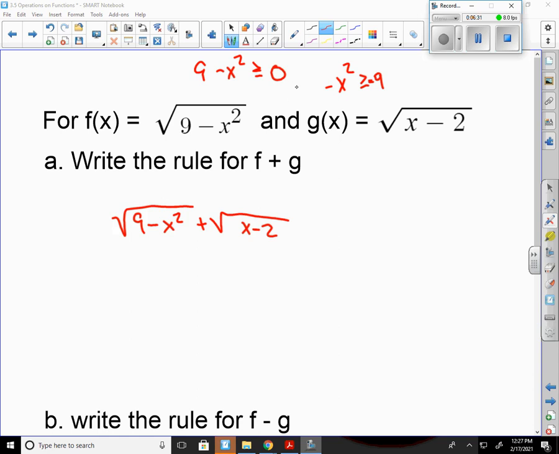Divide by a negative 1, that gives me x squared is greater than or equal to 9. Take the square root of both sides. That gets rid of the squared. So that gives me x is greater than or equal to 3.